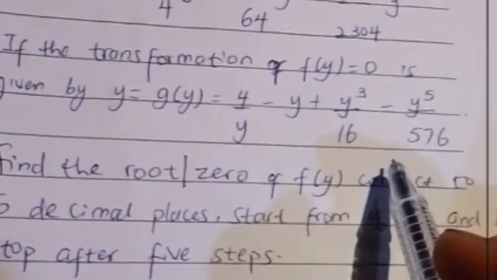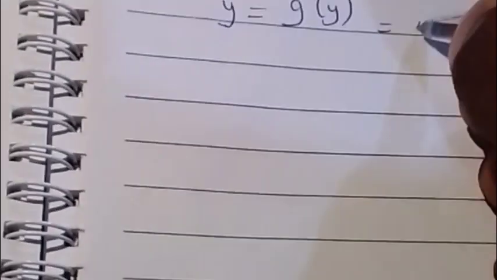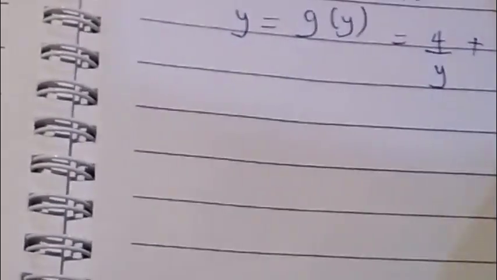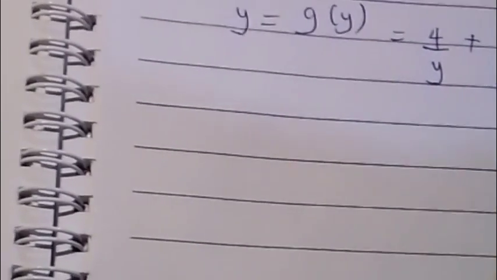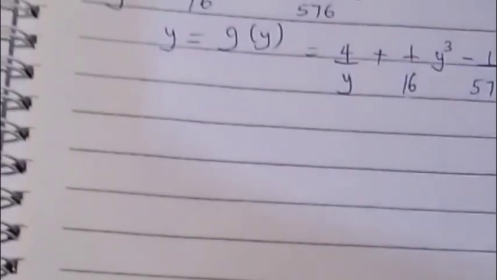So I have obtained my g of y as given in this question. This is our transformed equation, y equals g of y, where g of y is equal to 4 over y plus 1 over 16y to the power of 3 minus 1 over 576y to the power of 5. Okay, so what's the next step now?